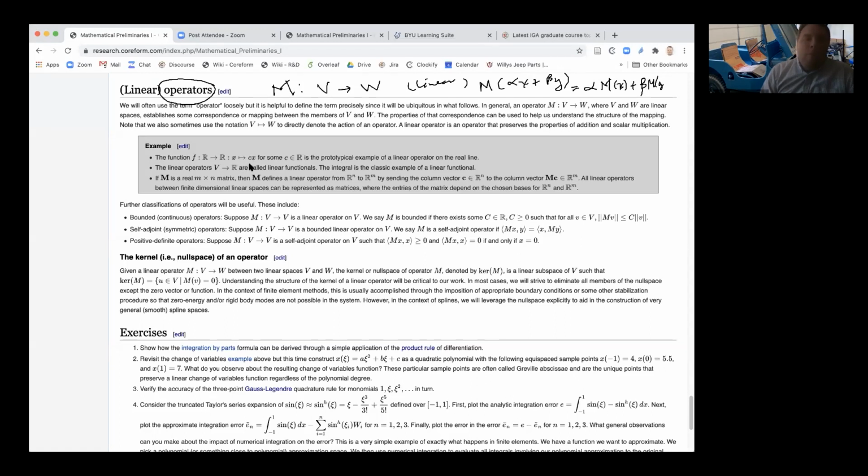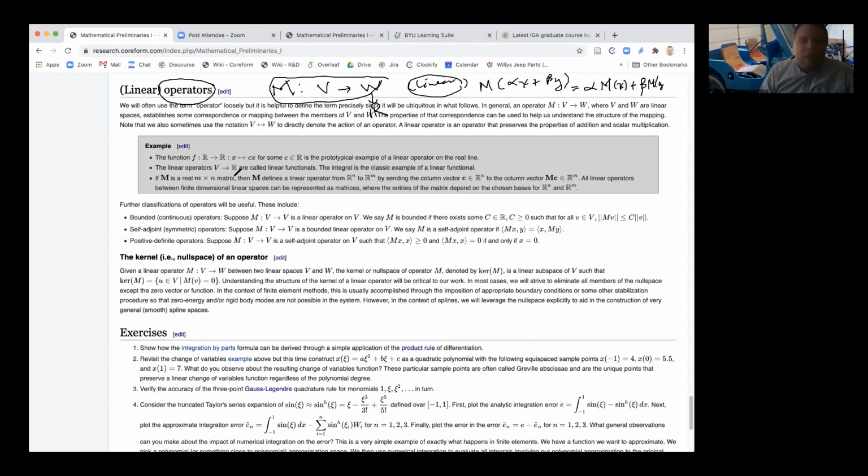Every integral is a linear operator. They're called linear functionals usually. So any kind of an integral statement has this property up here, but now W is the real numbers, but it's linear.